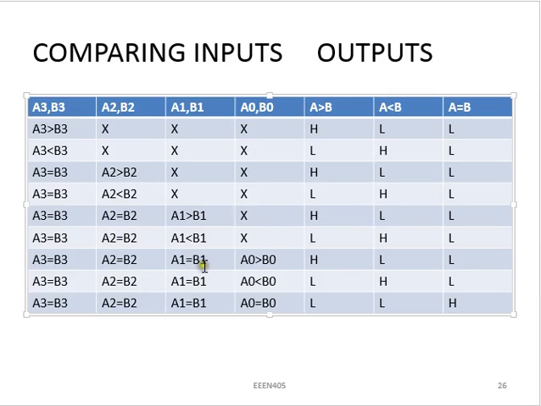But at the third level, if you find that A1 is equivalent to B1, while A3 is equivalent to B3, and A2 to B2, then you have to go to the last level, which is A0 compared to B0. If A0 is greater, this is high. If B0 is greater, this is high. But if A0 and B0 are still the same, it means A and B are equal. Here I have high, the remaining are low.